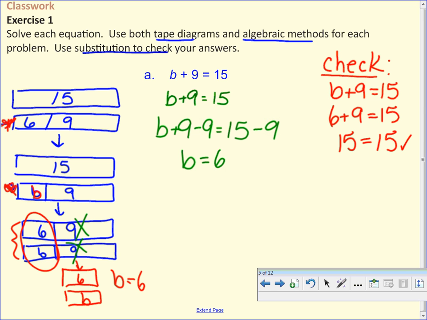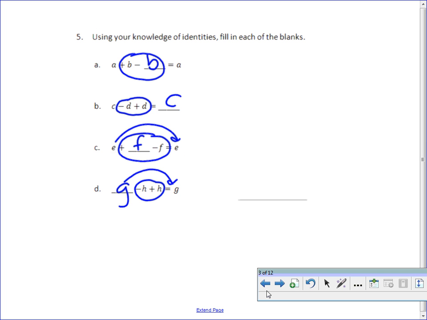Where'd you get a number from? Why'd you do it that way? Why'd you subtract? A step in the middle, for the second one, it says B plus 9 minus 9. Why'd you minus 9? Because the identity property gives me my identity back.